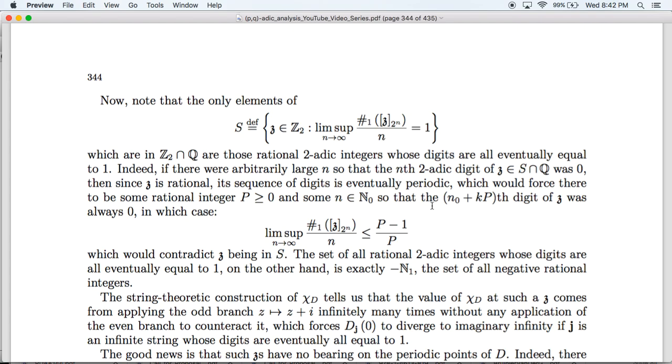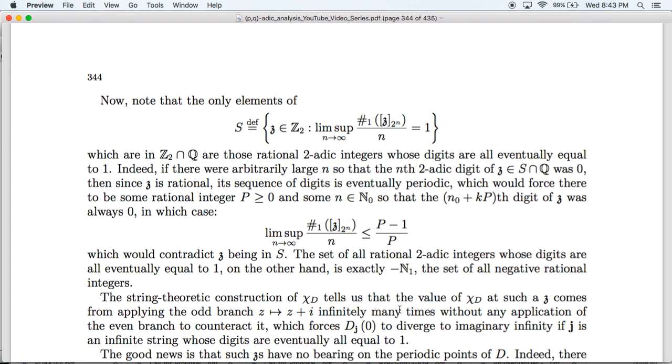Also, something to note is that if you have a two-adic integer whose sequence of digits is eventually all ones, then that two-adic integer has to be a negative integer.